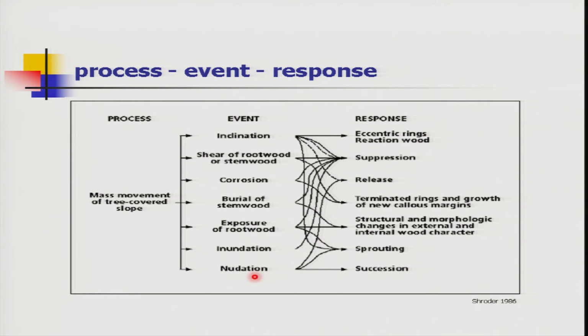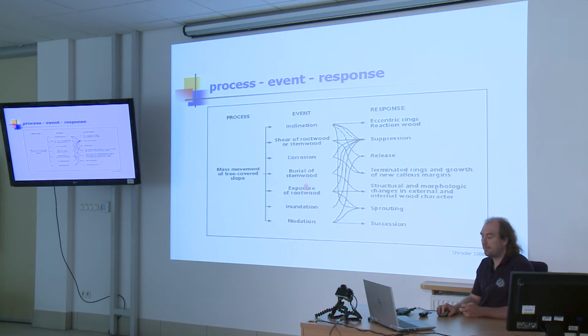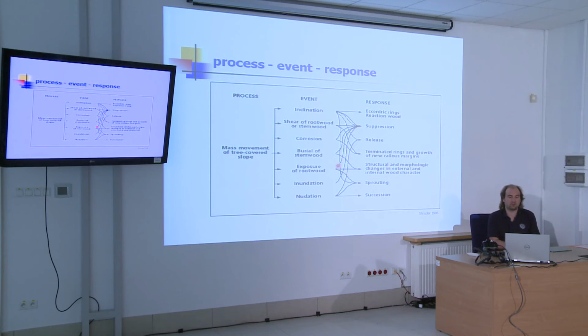But sometimes one event can give multiple responses, and also, one response can be attributed to different events. So it's not so easy. If I see, for example, a scar on a tree, I can't say that this is for sure fire, because it can also be a flood or avalanche or other event.